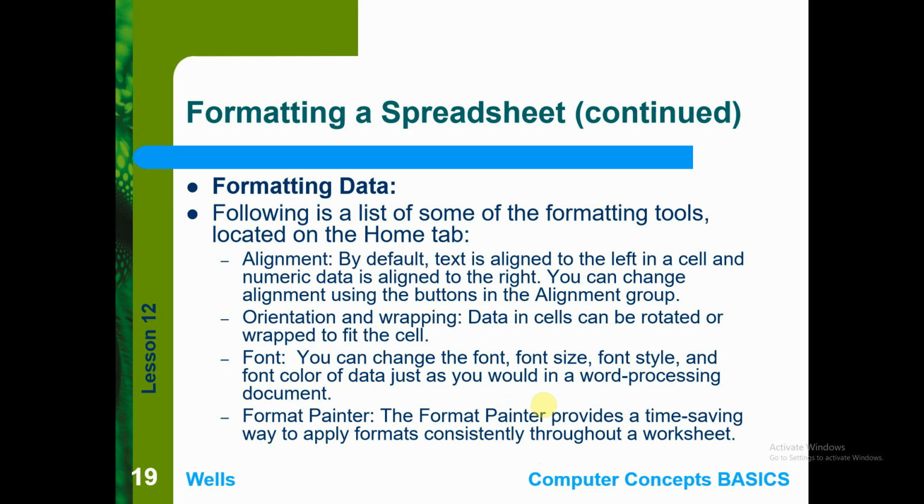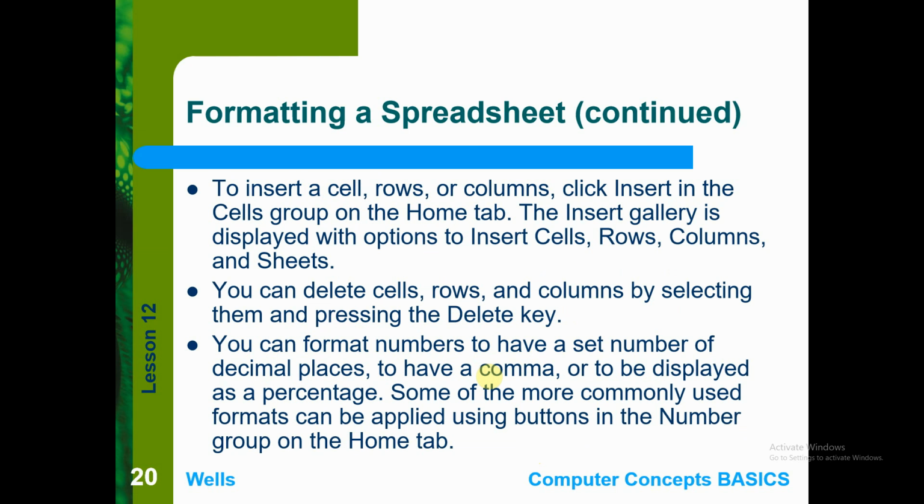So inserting cells, rows, and columns, use the insert tab sa tupad sang imong home. So ang insert gallery mo display the options with insert cells, columns, or you can right click sa cell nga gusto mo designate nga maka-insert ka ng cell, rows or columns.